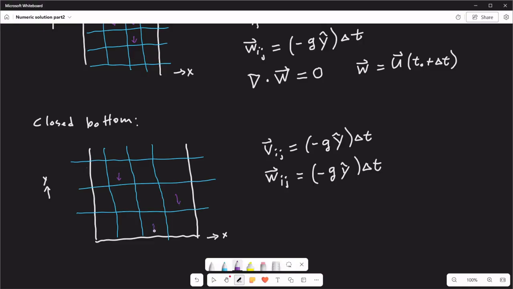However, there's a special one at the bottom. So there's all these V's that are simply trying to go down, so it would try to do the same thing, but what this is actually predicting is different, because this would be predicting that the water is obviously going to go out the bottom of the glass. The problem is that doesn't actually happen.